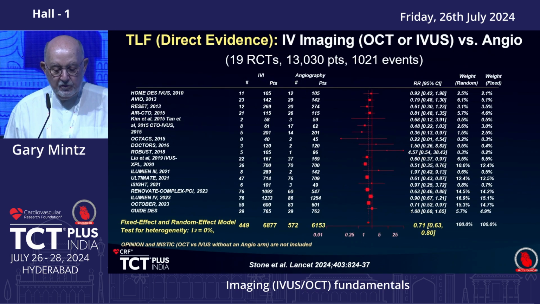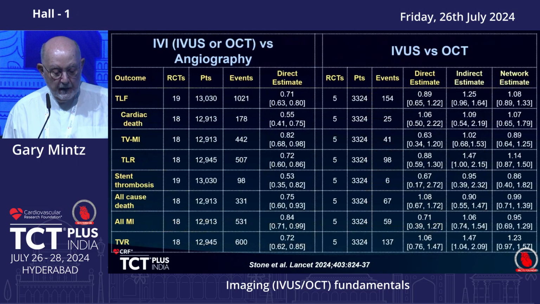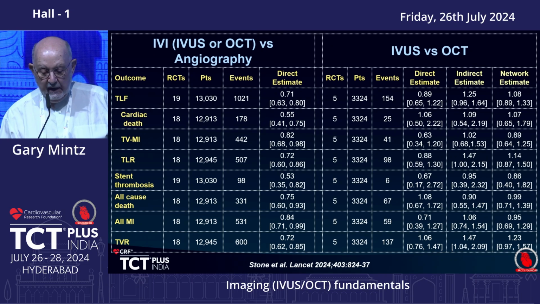And you can see that direct evidence shows that imaging guidance reduces target lesion failure, as well as cardiac death, target vessel MI, target lesion revascularization, stent thrombosis, all-cause mortality, all MI, and target vessel failure, with no real difference between IVUS and OCT.